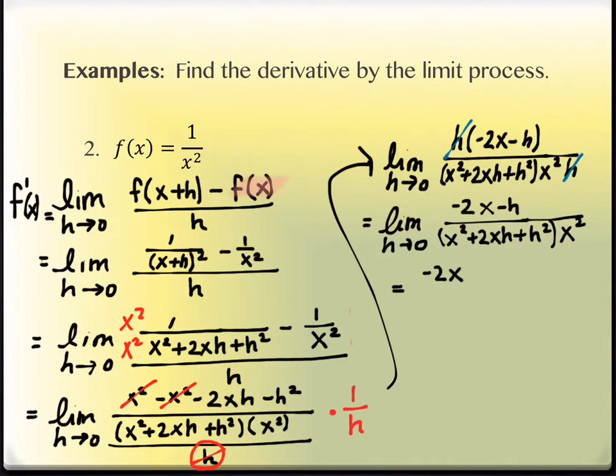Negative 2x. What's my denominator going to give me? X squared times x squared, right? Because this piece is going to be left, and this piece is going to be left. Everything else is going to 0 out. So what's x squared times x squared? X to the 4th. Can we simplify one more time, maybe? Yeah. And this will give me negative 2 over x cubed.